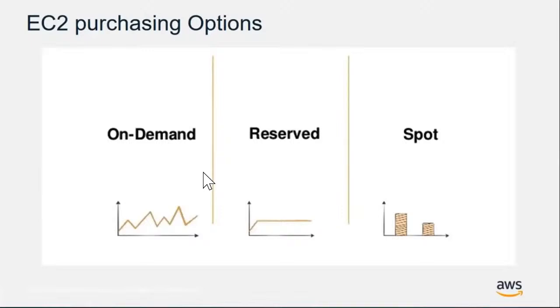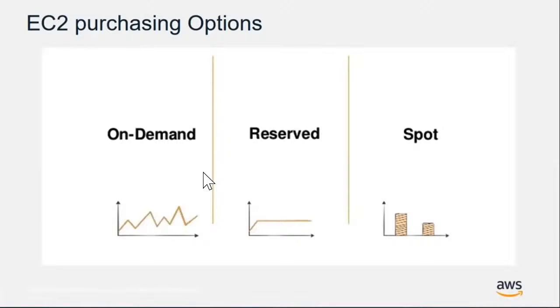You also have the option to reserve these instances. For example, if you are going to be running some of these servers for a year or 3 years, you have the ability to say, I want to reserve these instances, and in return AWS gives you significant discounts.